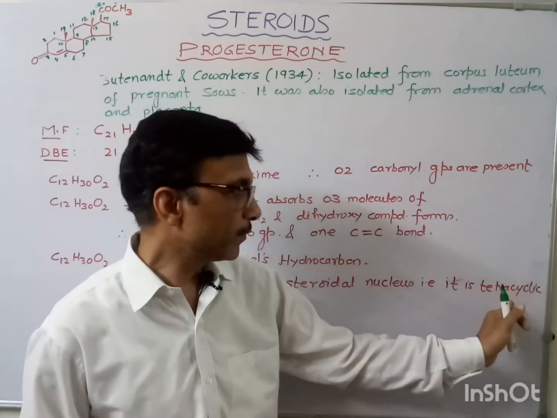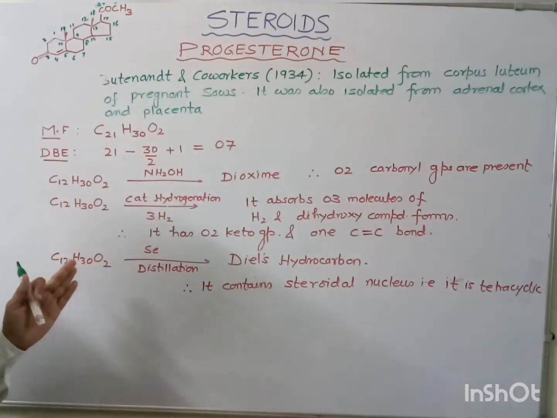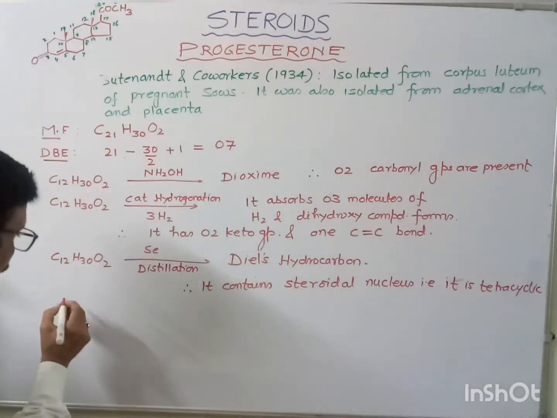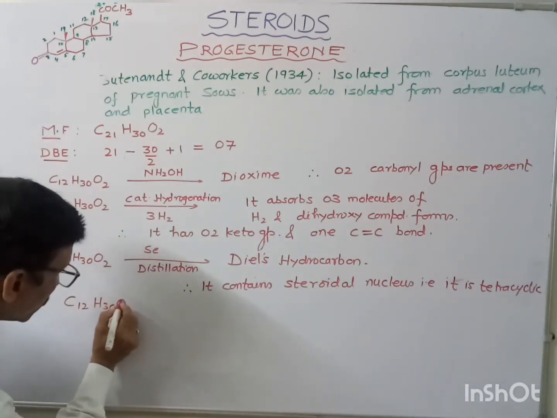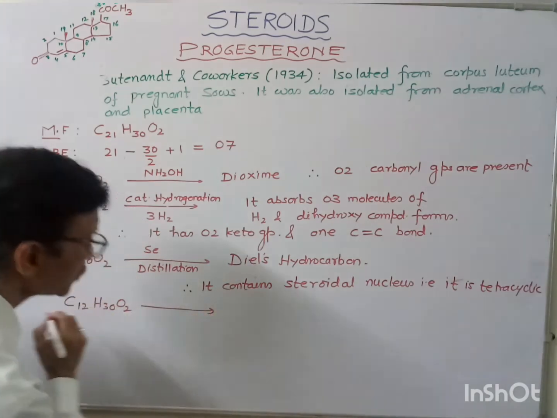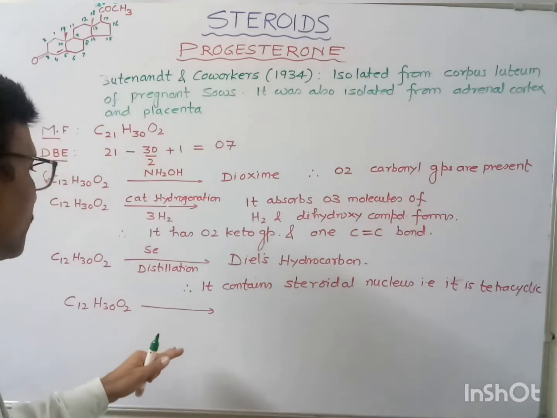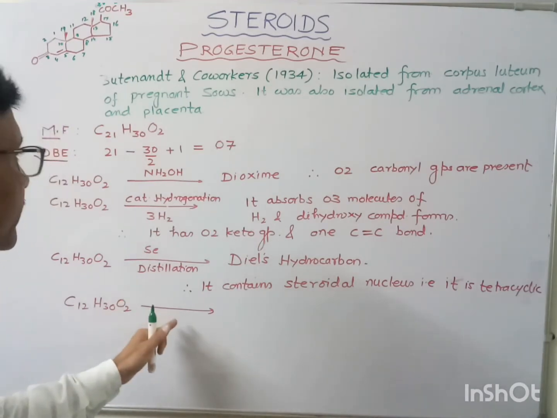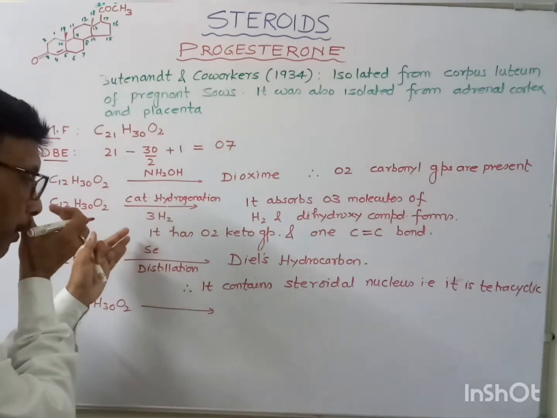Now, this tetracyclic nature can also be proved if we completely saturate the molecular formula. Suppose we have C21H30O2; if we convert it into the parent hydrocarbon, it absorbs 6 hydrogen atoms.